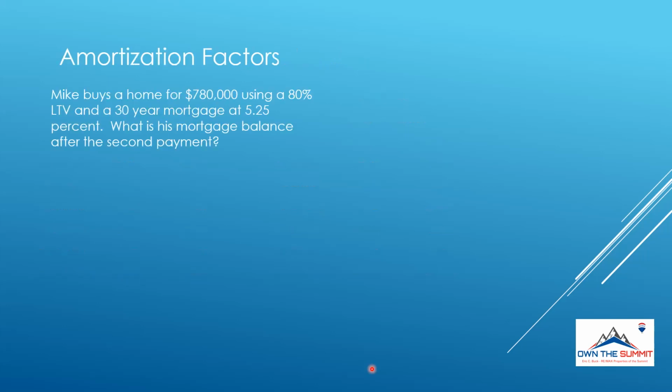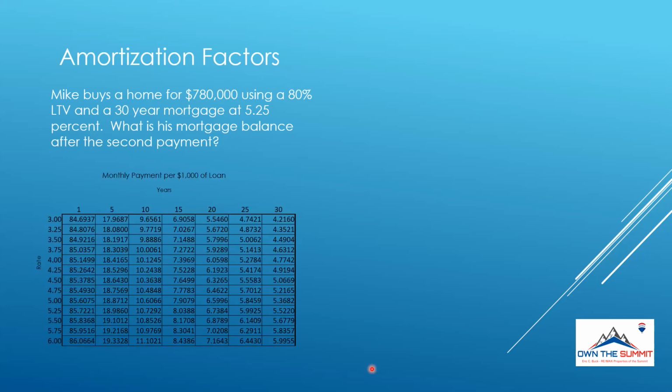So let's take an example. Mike buys a home for $780,000 using an 80% loan to value and a 30-year mortgage at 5.25%. What is his mortgage balance after the second payment? Well, again, they didn't give us the amortization factors, so we're going to need to pull them off the amortization table. So the factor for 30 years at 5.25% brings us right here to 5.5220.